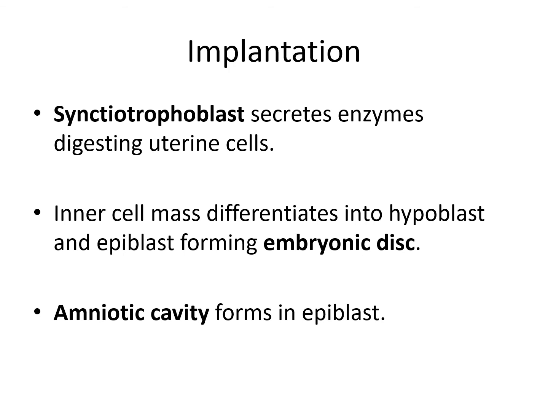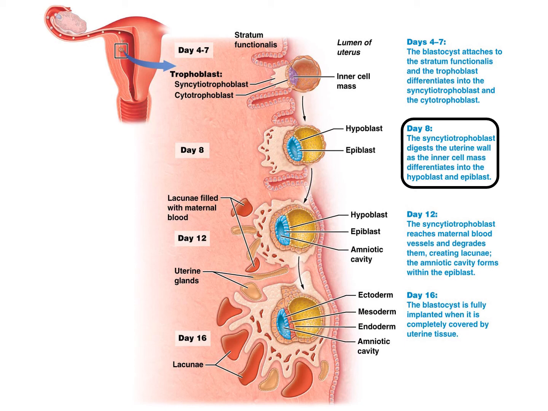And then from the epiblast, we're going to start seeing a cavity form that will lead to what's called the amniotic cavity. Okay, so we see here the hypoblast closer to the trophoblast, and then we see the epiblast, in which the syncytial trophoblast is starting to bury in.